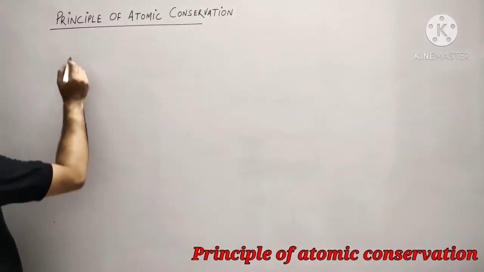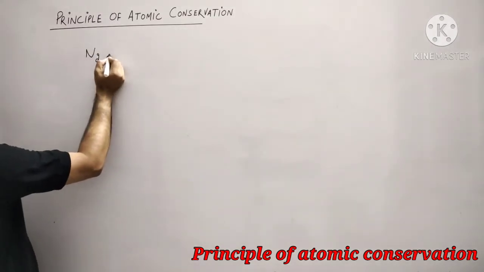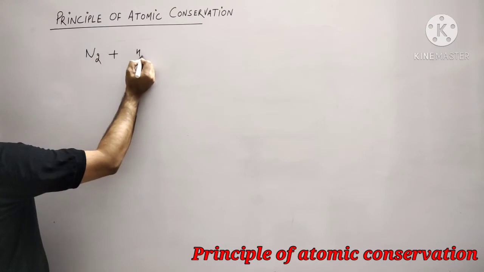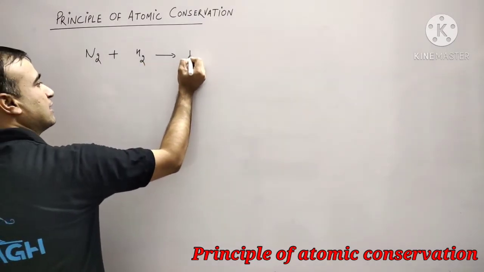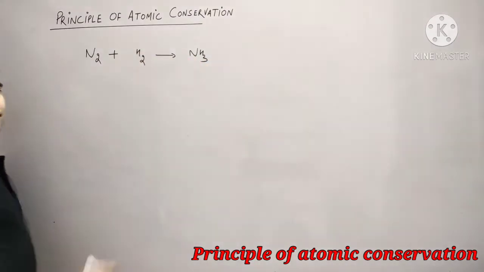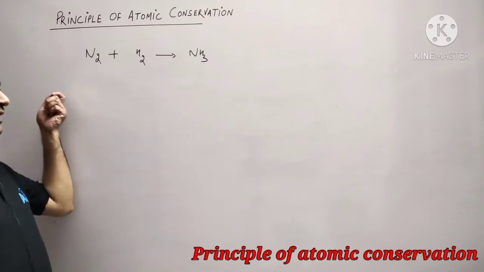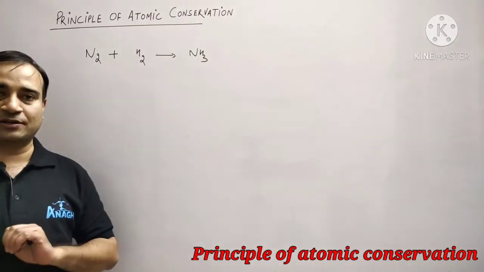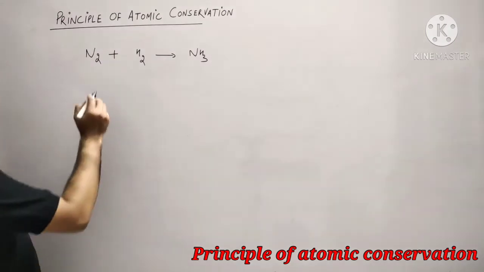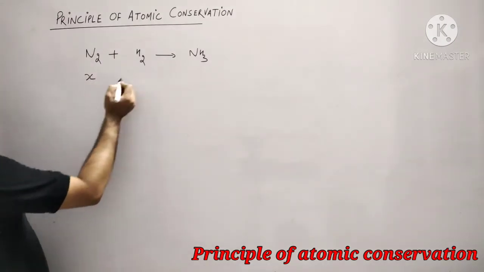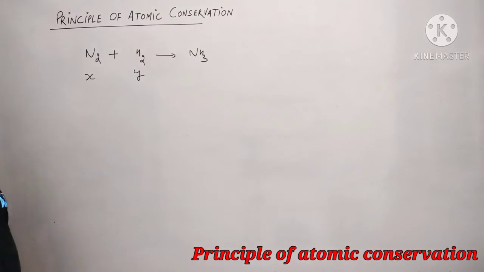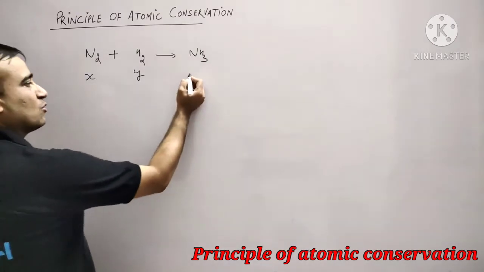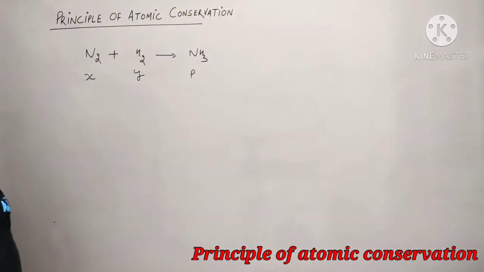For example, I have an equation N2 plus H2 gives ammonia. You may underline this point that in POAC there is no need of balancing of any equation. Suppose X moles of nitrogen completely react with Y moles of hydrogen in order to give P moles of ammonia.